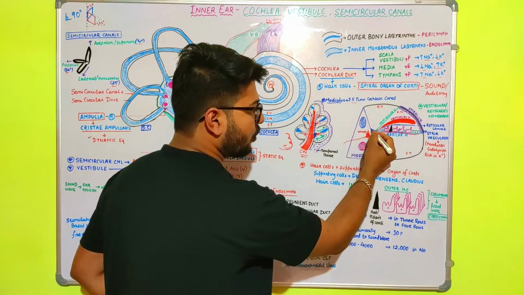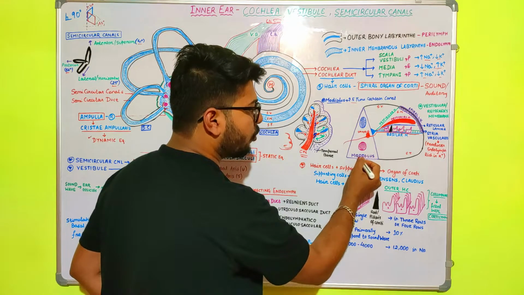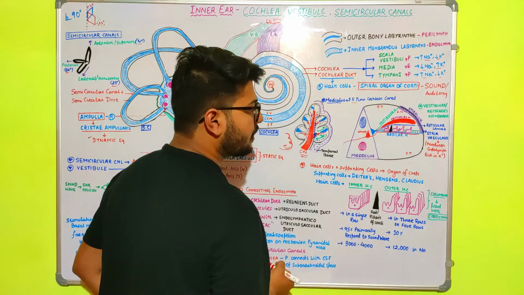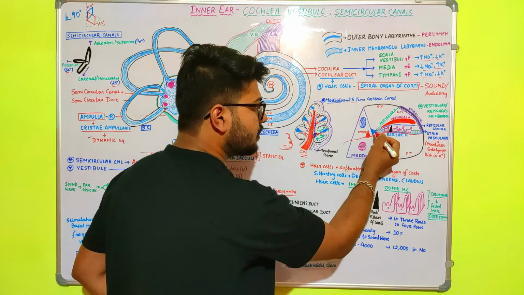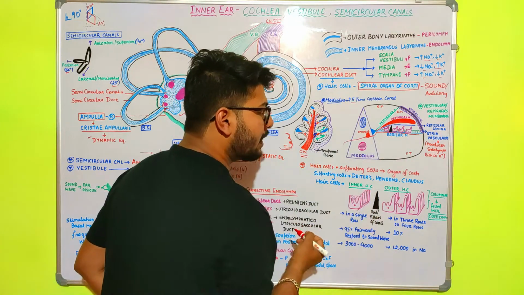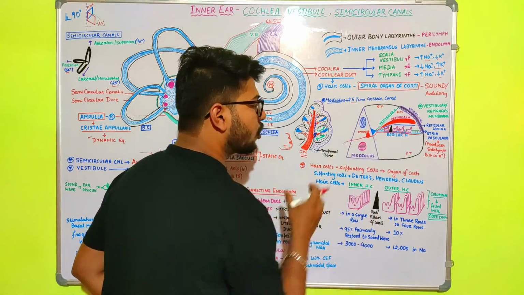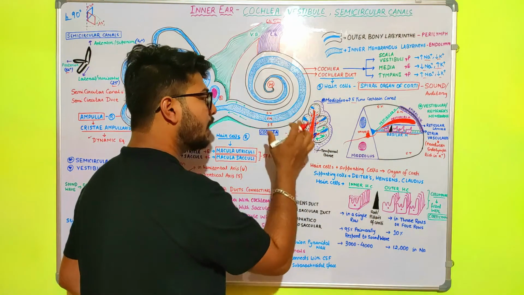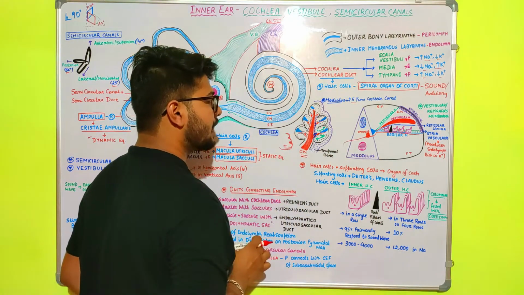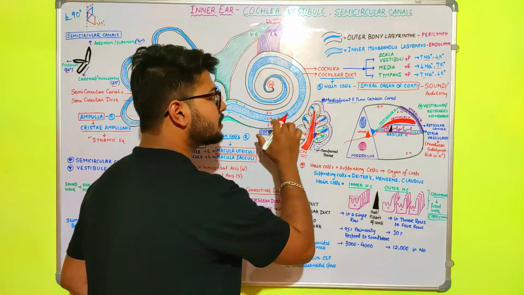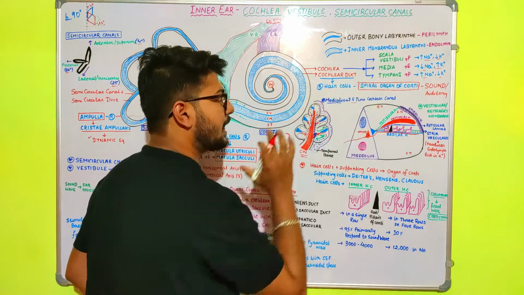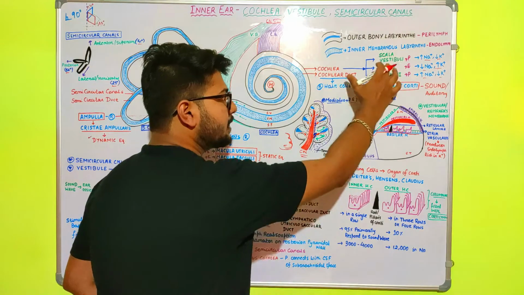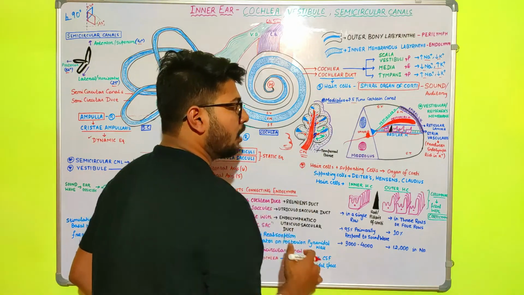This conical structure attached with the modiolus is known as the spiral limbus. From this spiral limbus, we have a special membrane that encloses the cochlear duct. This cochlear canal has the cochlear duct inside, and this cochlear duct is nothing but the scala media that is rich in potassium.